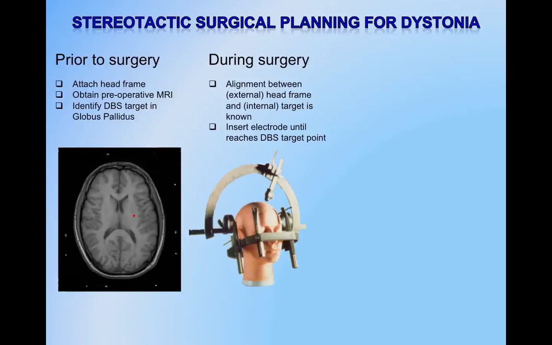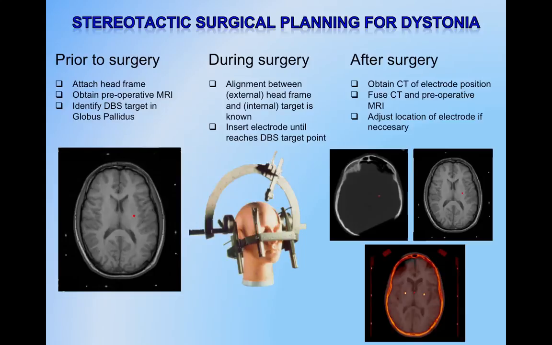Doesn't work perfectly, because as soon as you drill a hole in the brain, or even if you have the patient laying in a slightly different position, the brain will shift a little bit. If you drill a hole through the skull, you'll release a little bit of pressure and the brain will move. So what we do is we do some imaging afterwards, where we take a CT, and then we fuse the CT with the MR that we took beforehand, and we can see how well the electrode shows up from the CT image.